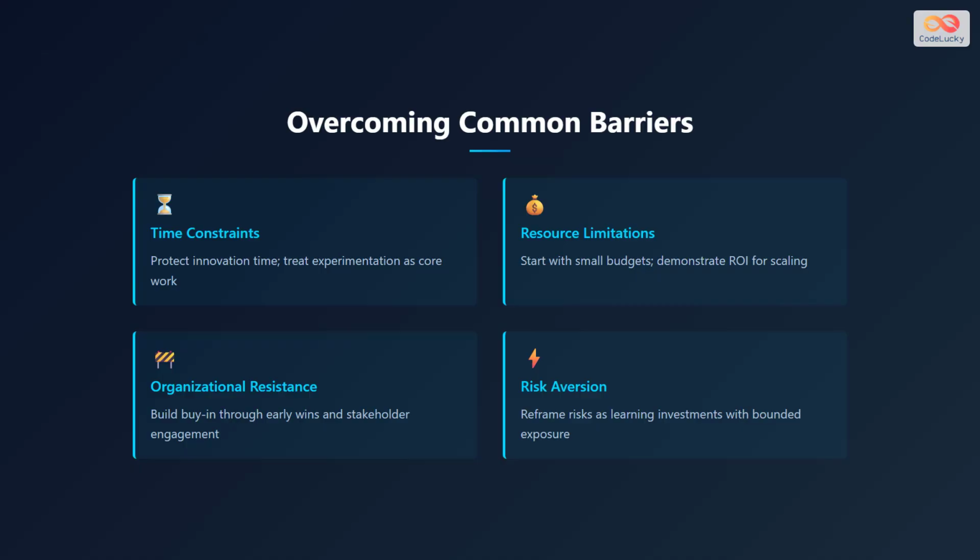Remove organizational barriers that prevent implementation. Assign clear ownership and accountability for each initiative. Build feedback loops so teams learn what's working and what's not. Celebrate successful implementations and share learnings across the organization. This systematic approach transforms innovation from something that happens by accident into something that happens by design.